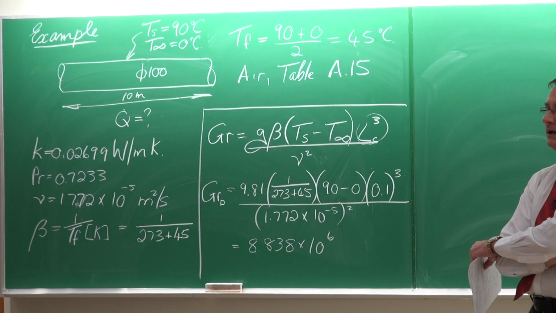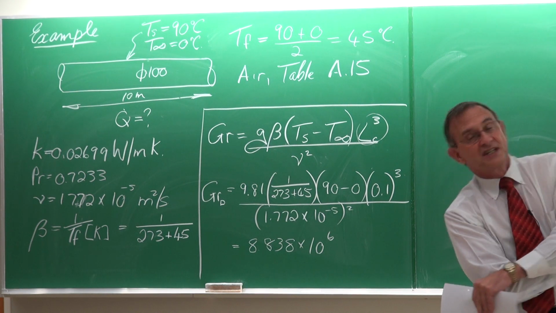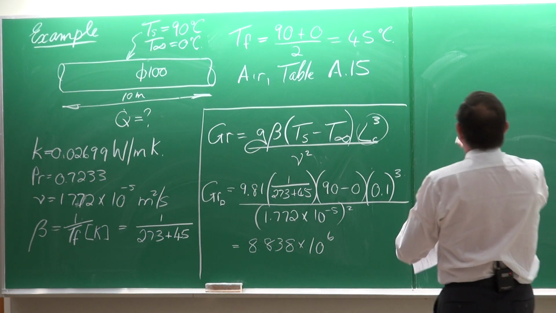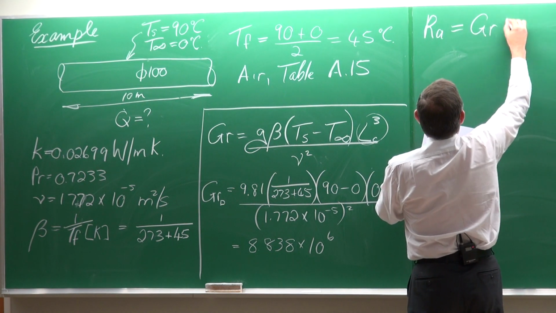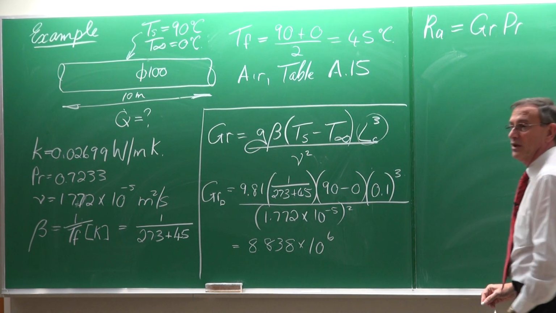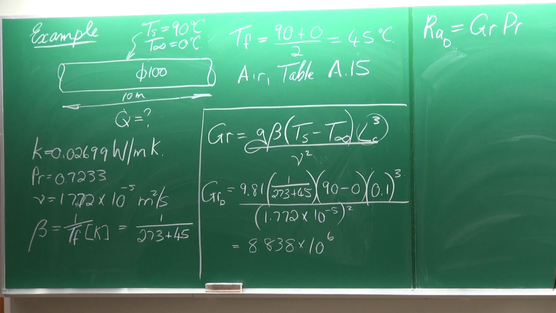Okay, do you all follow that? The equation wants the Rayleigh number. So the Rayleigh number is equal to the Grashof number multiplied by the Prandtl number. It's of course now also the Rayleigh number based on the diameter.